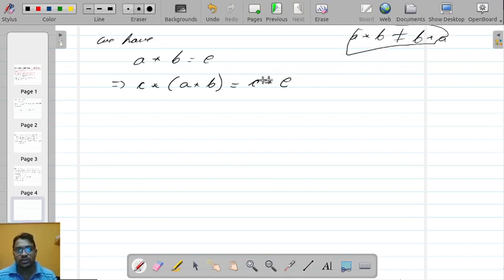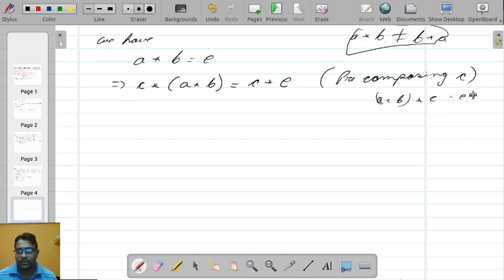So one is pre-composing C, and another is post-composing, which is if you write it the other way, A star B star C equal to E star C. Here we are pre-composing.